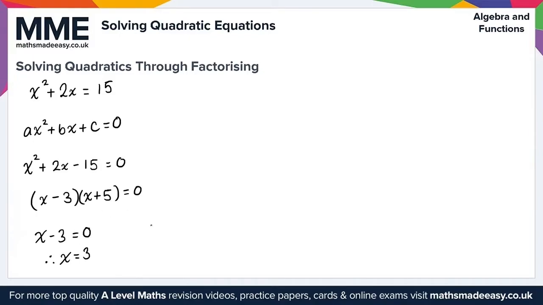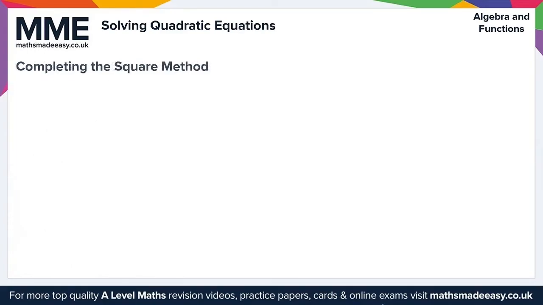And we also have x plus 5 equals 0. So that means x is equal to minus 5. Okay, so that gives us the solution there to that example of x squared plus 2x equals 15 through factorising. So that gives us everything we need there for solving quadratics through factorising.